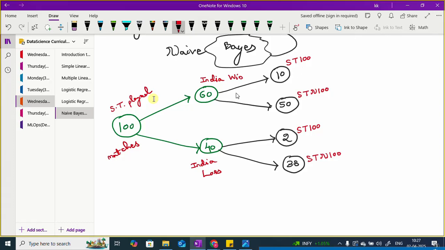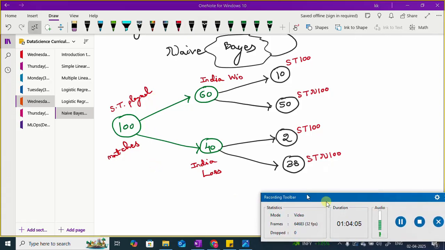In the remaining 50 matches, he does not make 100. Now, out of 40 matches where India lose, Sachin Tendulkar also made 100 in 2 matches. In the remaining 38 matches, he does not make any 100. Clear, guys? That is what is called conditional probability. Okay, a concept based probability problem statement.